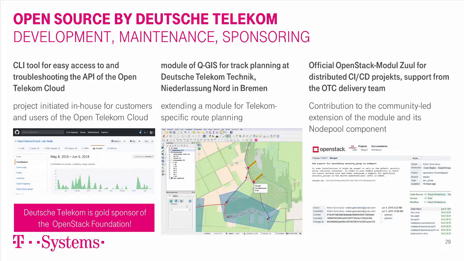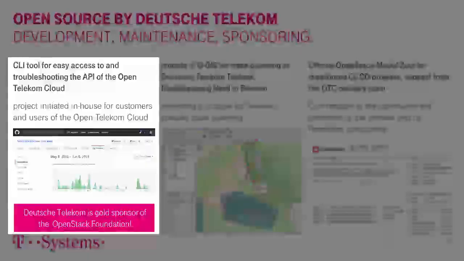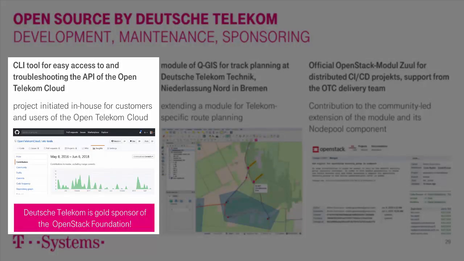Even if the Telekom is not a creator of software in the first place, software is developed all over the company. Let me give you 3 examples of that. So there is a command line interface tool for easy access and troubleshooting for the API of the Open Telekom Cloud.